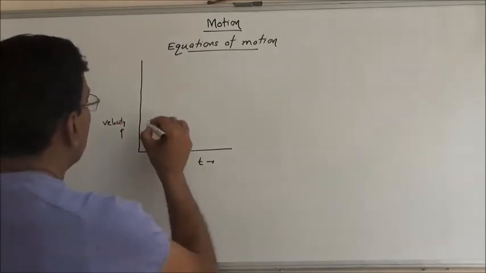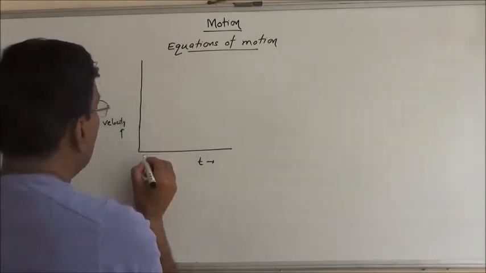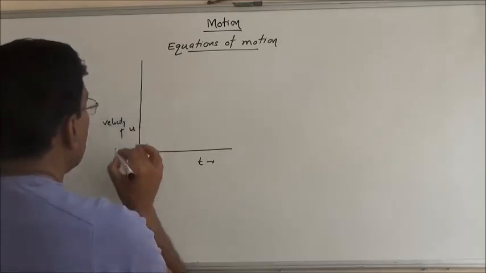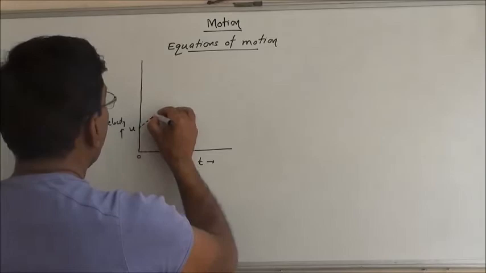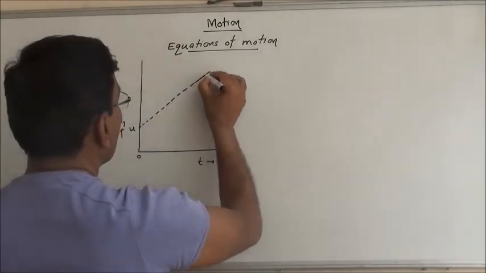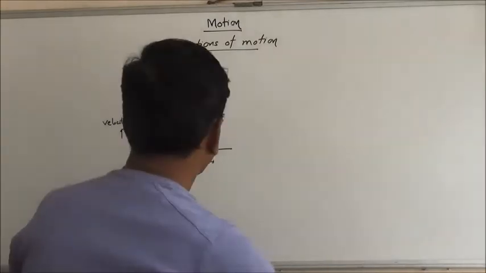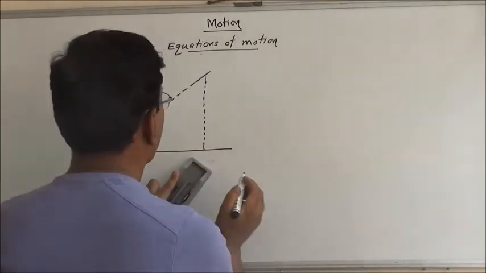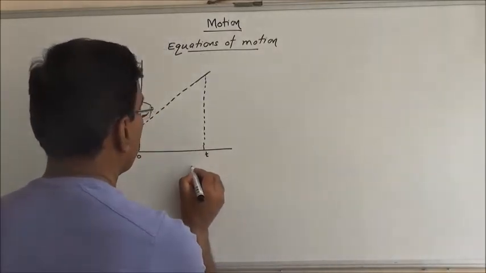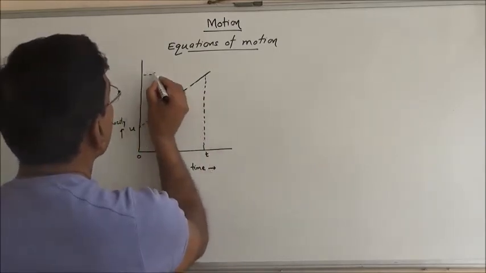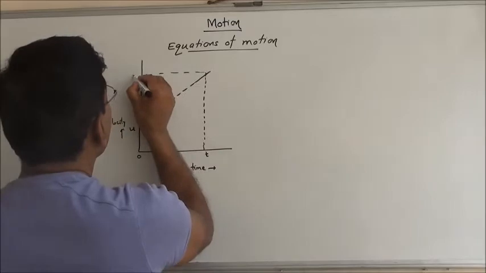In the velocity-time graph, I am taking that at t equal to 0, the velocity is u, and after a certain time, say t, the velocity is v.